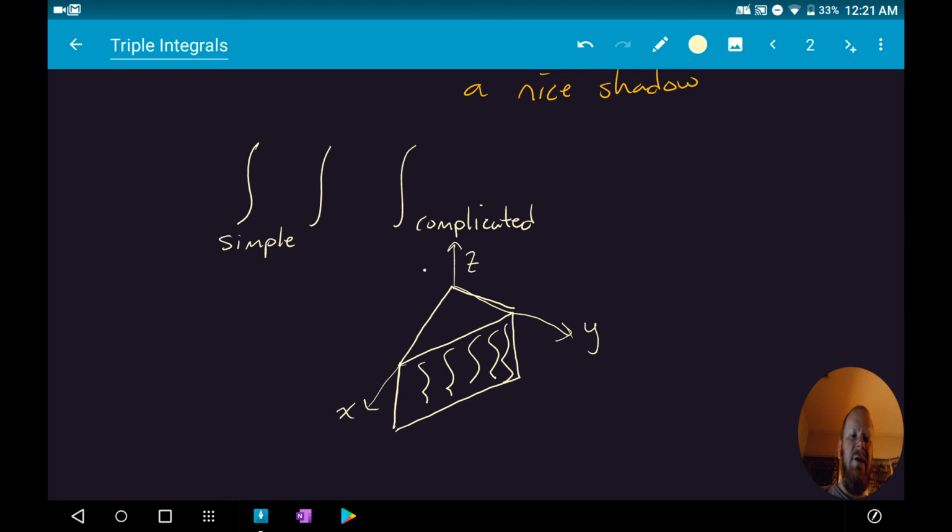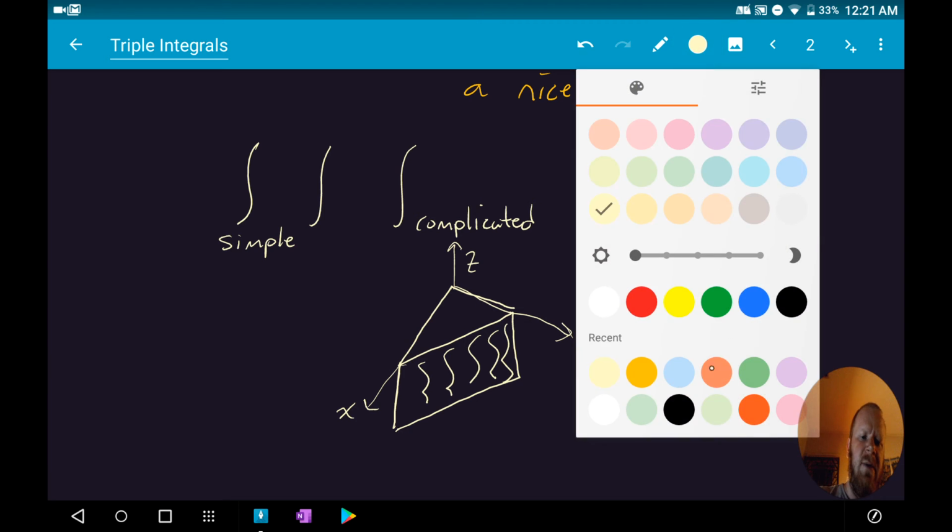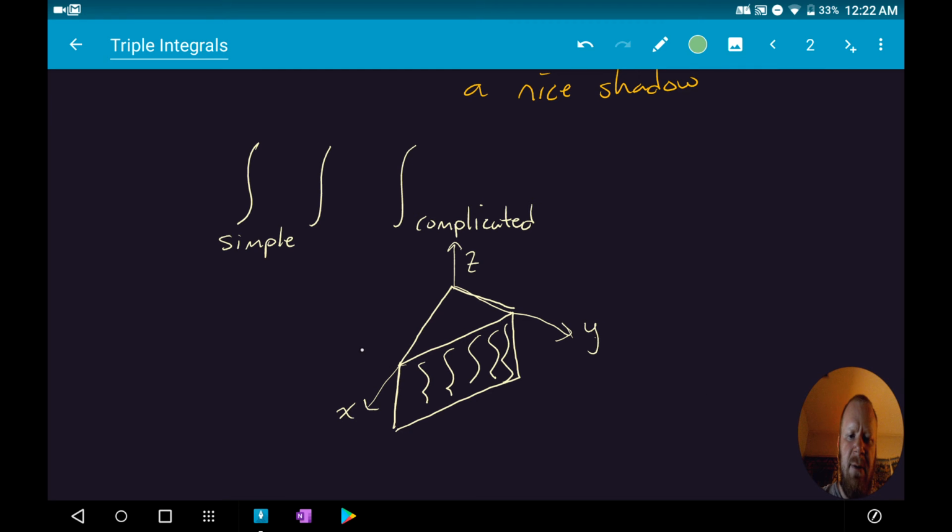So what I would say here is I'm looking at this thing, and the simplest cut that I can make is that x is in between those two things. I can make that cut out of all of 3D space, and I can say that x is in between 0 and 4, or whatever that is.